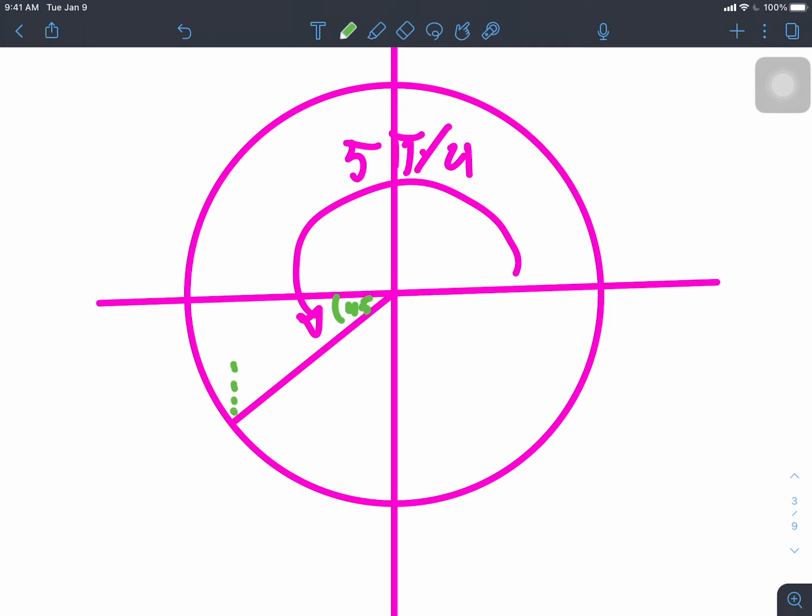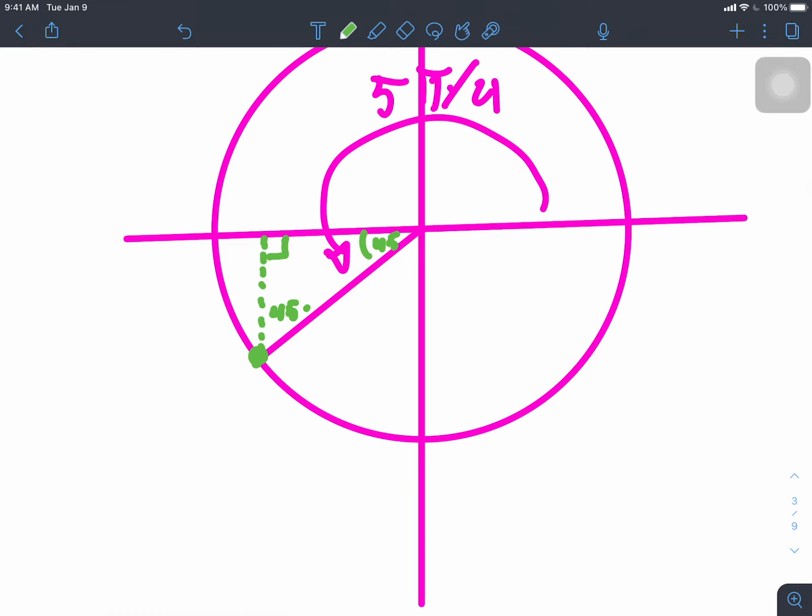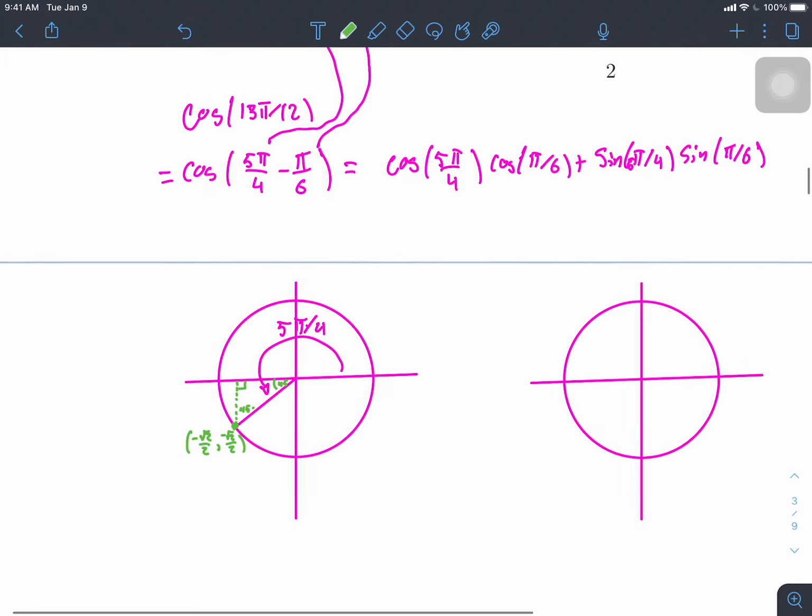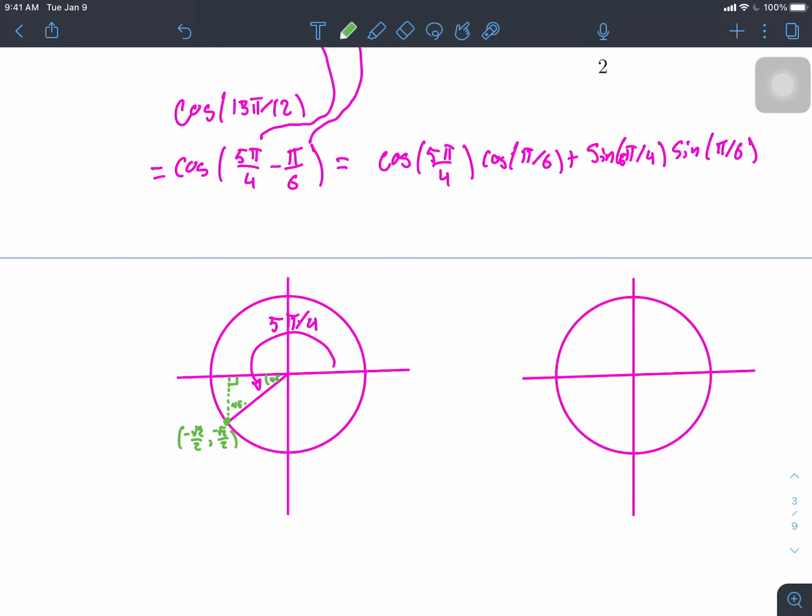And then if I draw the rest of this triangle in here, then I know that this is a 45, 45, 90 triangle. And the point on the unit circle associated to this is going to be negative square root 2 over 2, comma, negative square root 2 over 2. Okay, so these are basically the values of cosine of 5 pi over 4 and sine of 5 pi over 4.